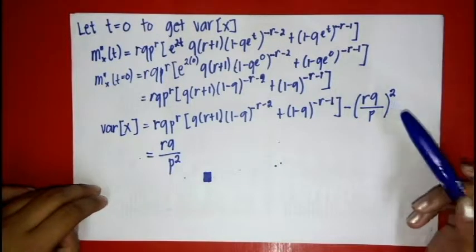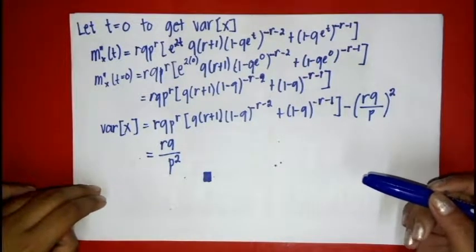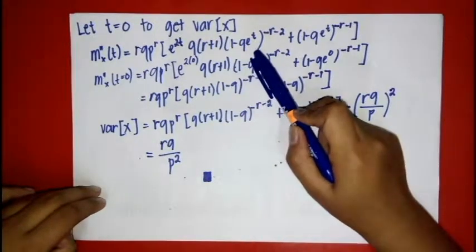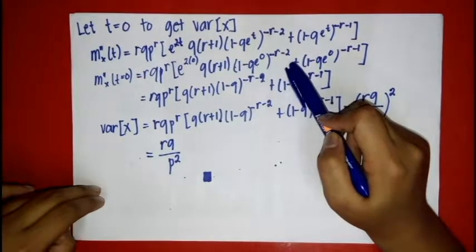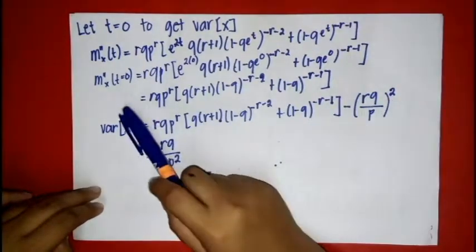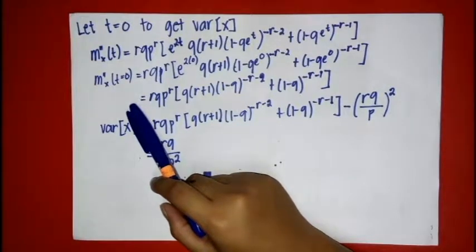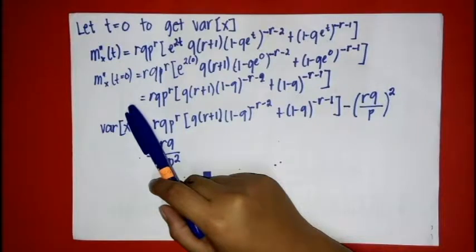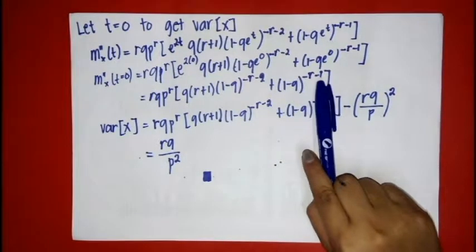So this will be equal to r q p to the r times e to the power of 2 times 0 times q times r plus 1 times 1 minus q e to the 0 to the power of negative r minus 2 plus 1 minus q e to the 0 to the power of negative r minus 1.